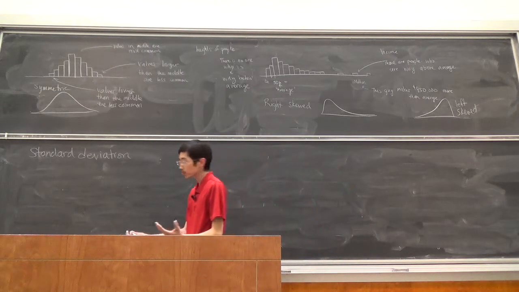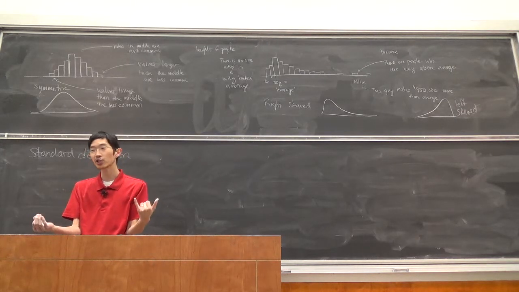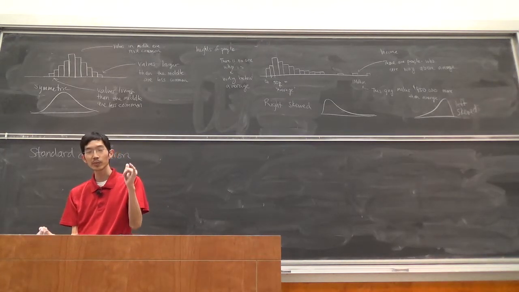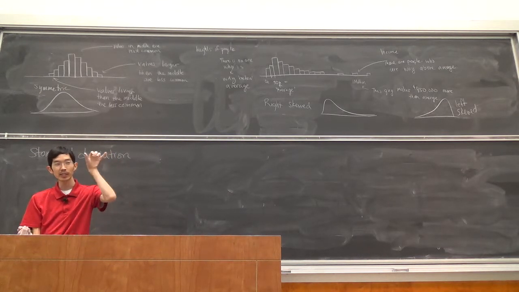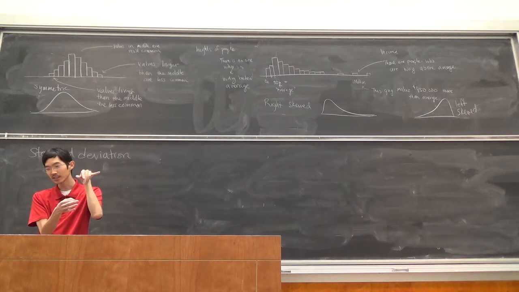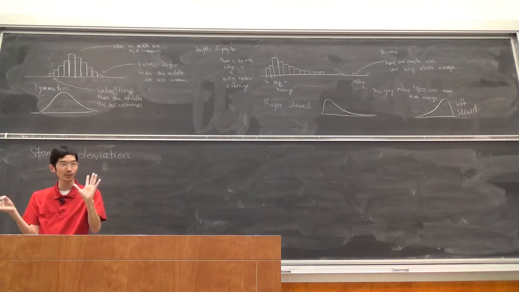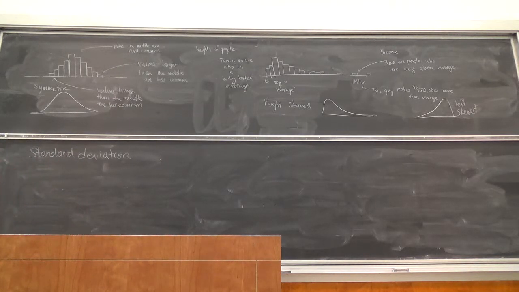So, standard deviation, we can think of this as the difference from average. But it's not going to just be the average distance from average. We take that distance from the average and square it, take the average of the squared distances, and then take the square root of it. It's a little weird, but the main idea is we're taking the distance from the average, which we call a deviation, squaring it, averaging those, and then taking the square root.